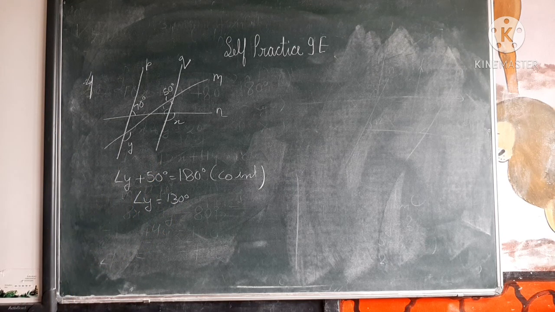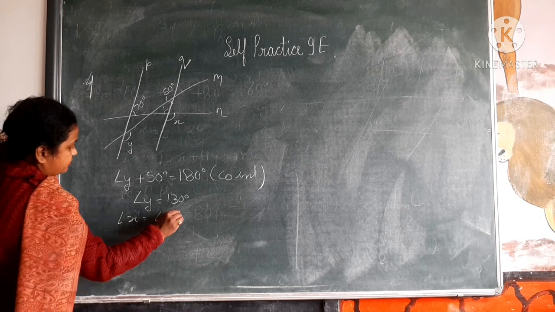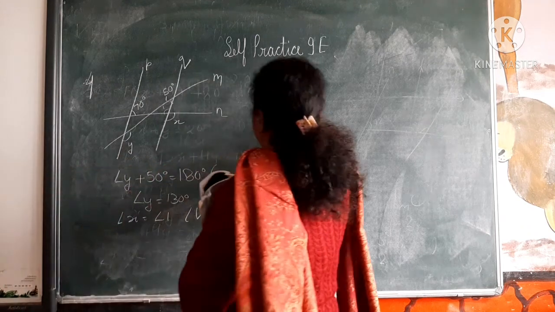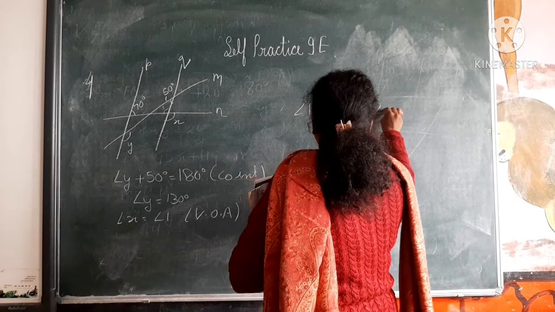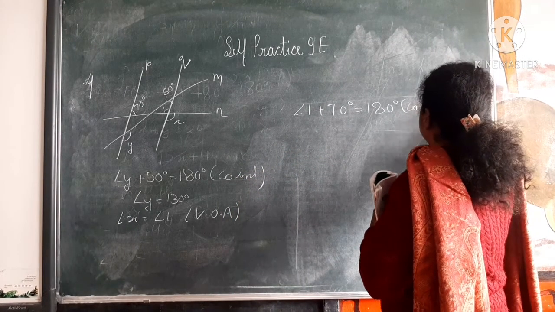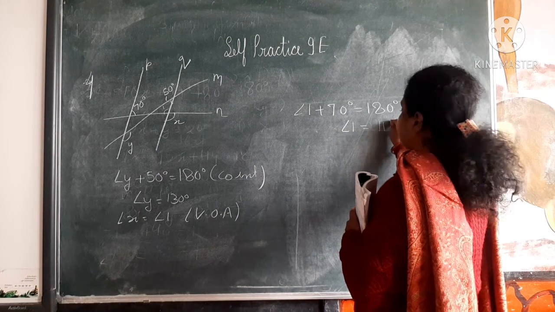Now angle X is equal to angle 1 because both are vertically opposite angles, and angle 1 plus 70 degree is equal to 180 degree because of co-interior angle. Angle 1 is equal to 110 degree.